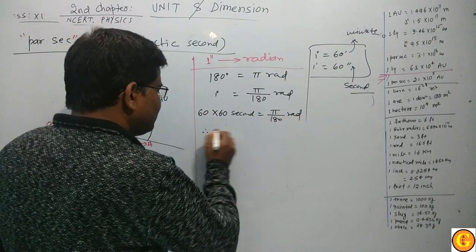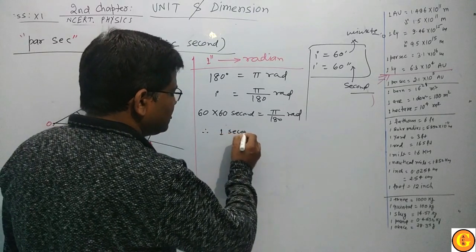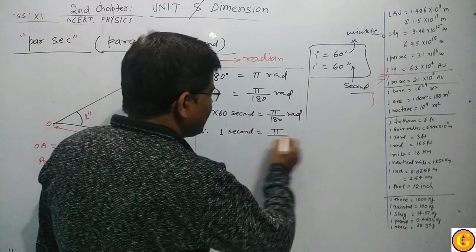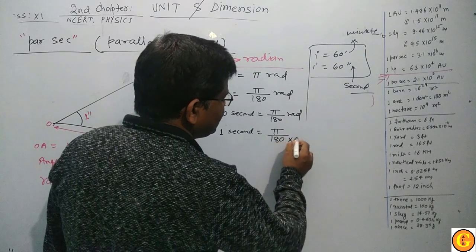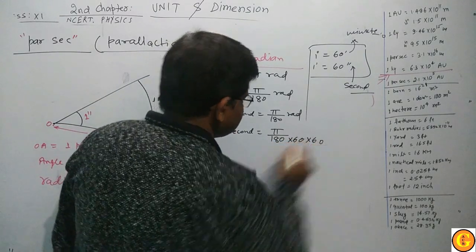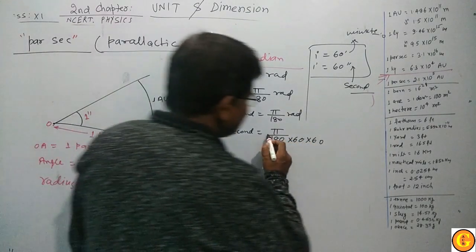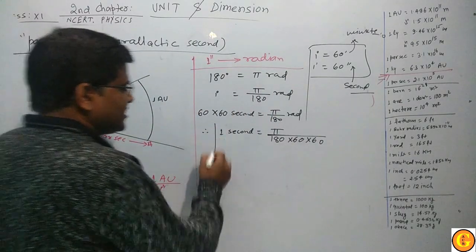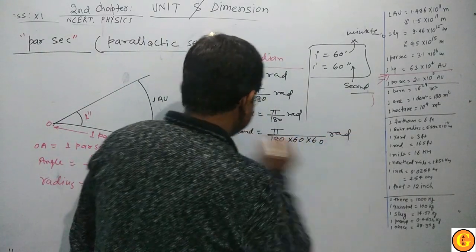And therefore 1 second is equal to pi upon 180 into 60 into 60. This is the conversion of 1 second into radian.